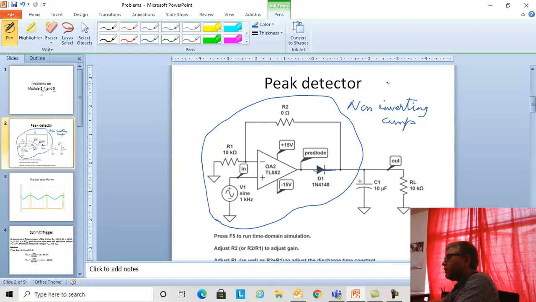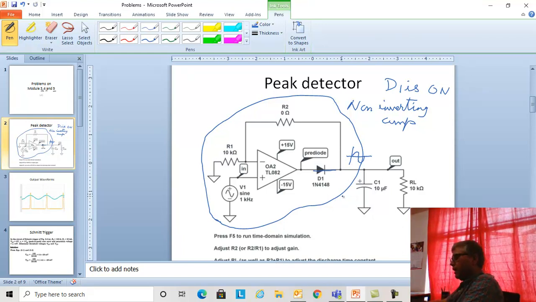When D1 is on, note that down. When D1 is on, we know that whatever the input signal is coming in will not be phase shifted. What you're giving in, you will get exactly as it is, no difference at all.